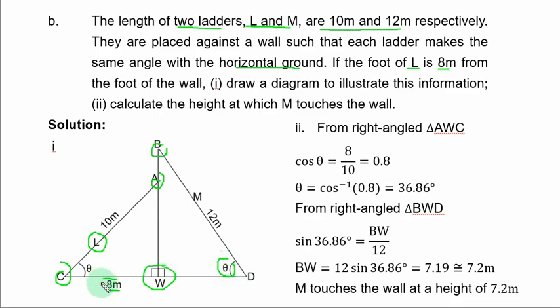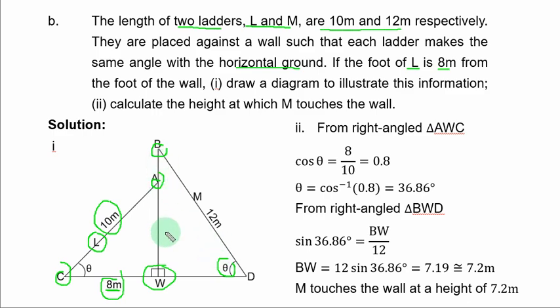Although we know 8 here and 10 meters, that can only give us from A to W. So how will you get AB? So to avoid that stress, once you get theta here, it is also the same value here. Since you have a right angle triangle, you can pair this with the angle here to get the height.